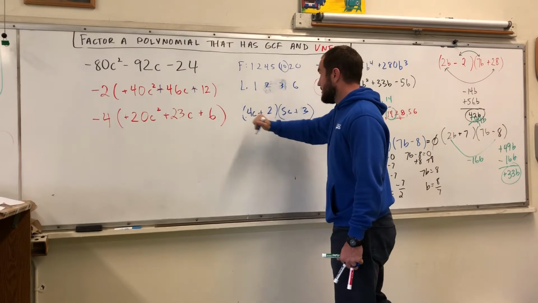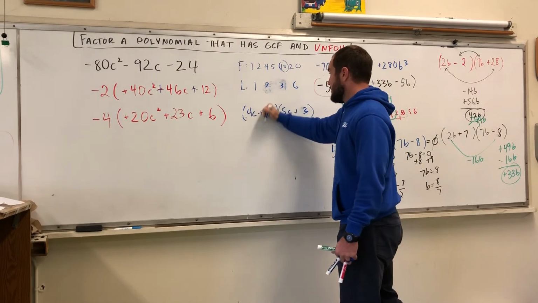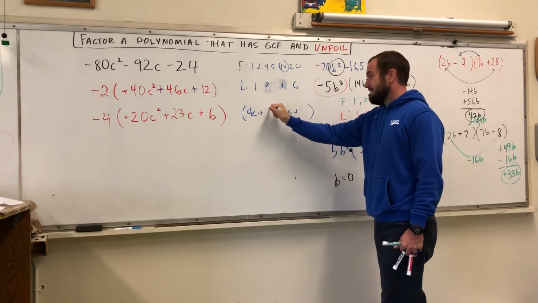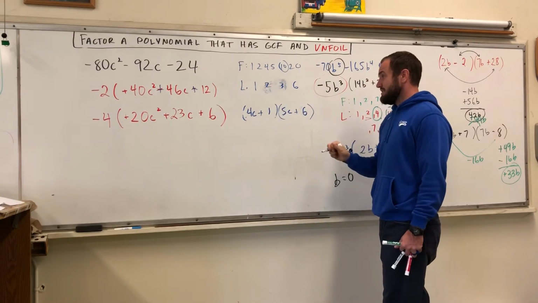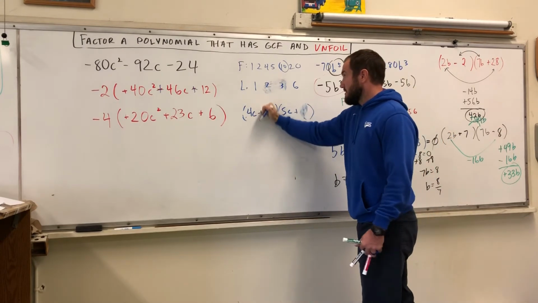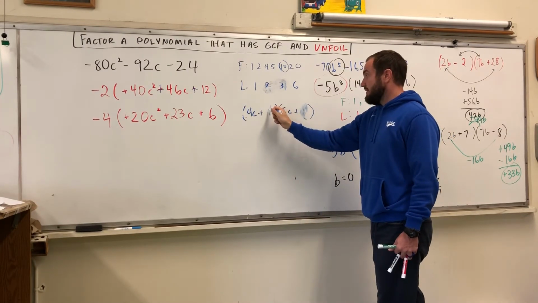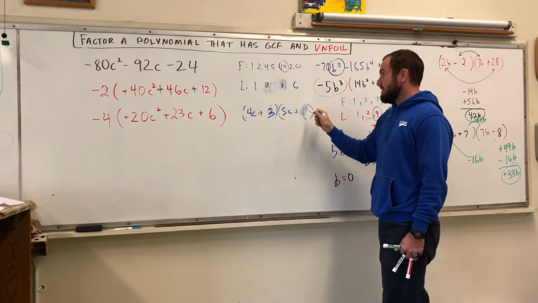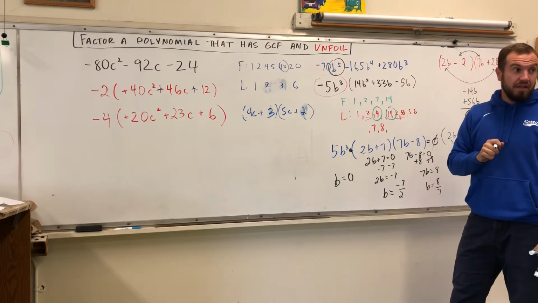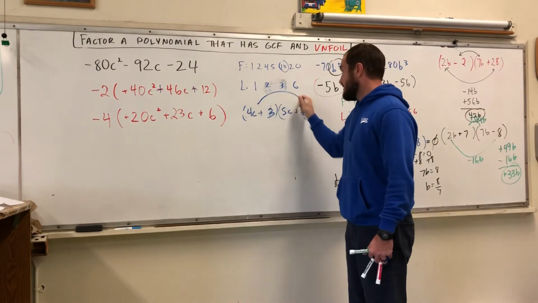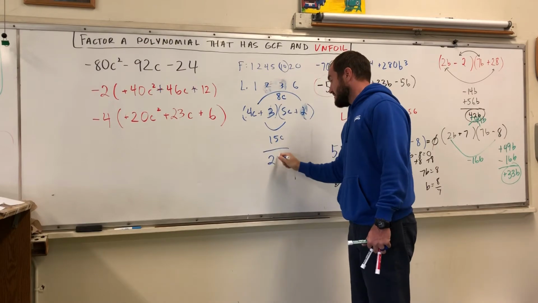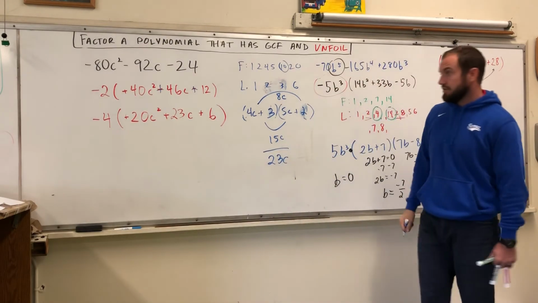Are you going to try the 1 and the 6 then, with the 4 and 5? 1 and 6 gives me a 24 and a 5. If I did 15 and 8, 8c, 15c, 23c.